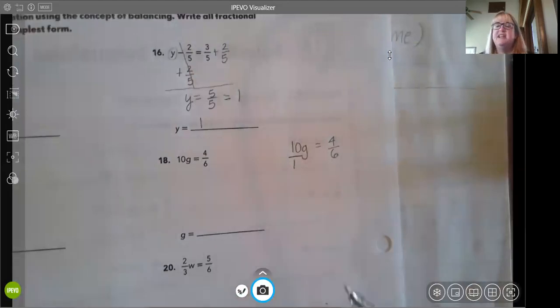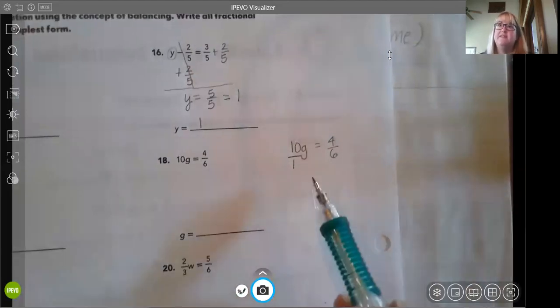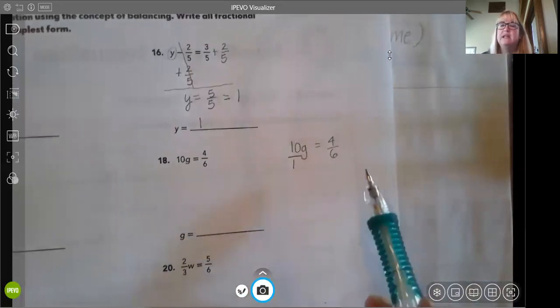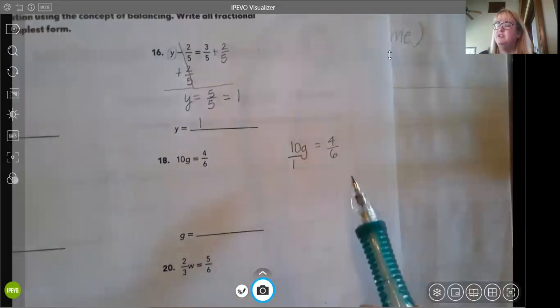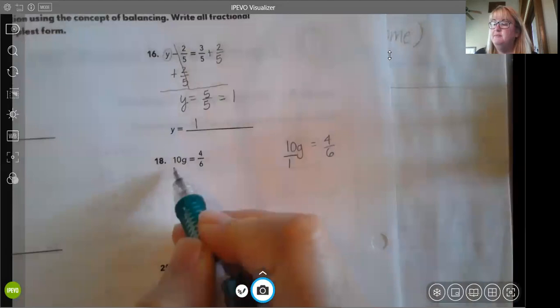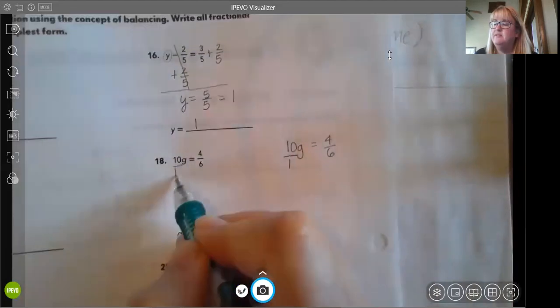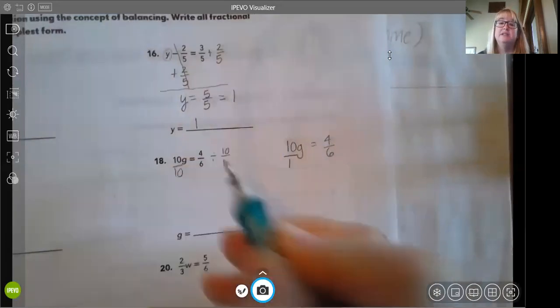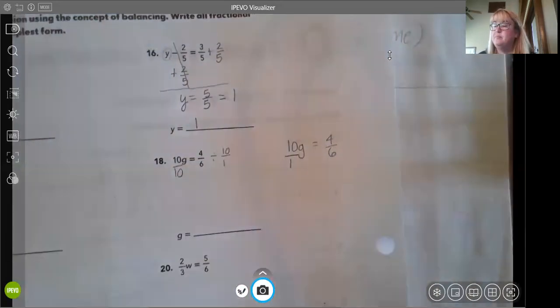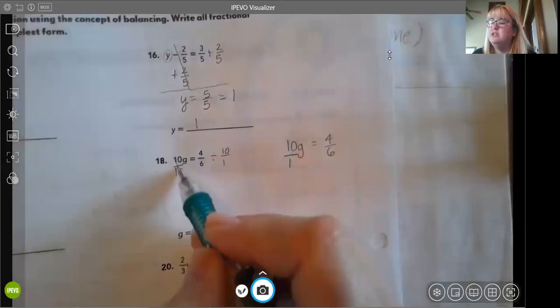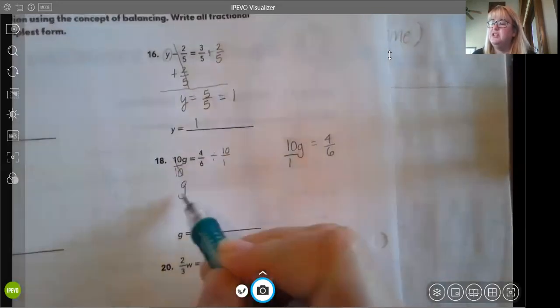Now 10g is 10 times g, and we can divide both sides by 10. We could divide this by 10, and then I would divide this by 10. I'm going to write it as a fraction because this one's in fraction form. 10 over 10 is 1g, which is g.